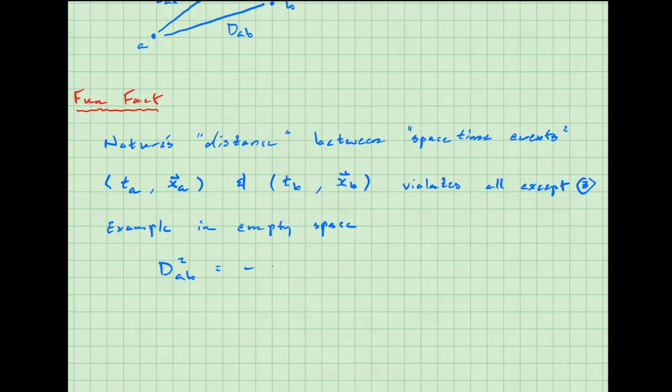It's minus a constant c squared times the time difference squared, and then plus the usual Euclidean distance between A and B. And this constant c, in case you're curious, is the speed at which light travels in a vacuum.